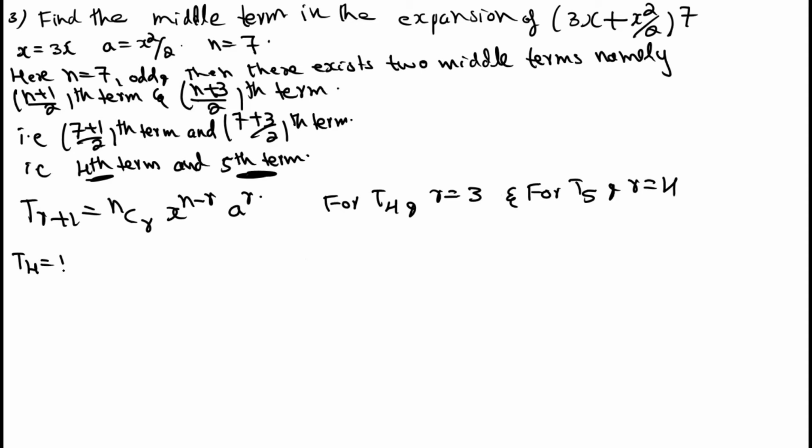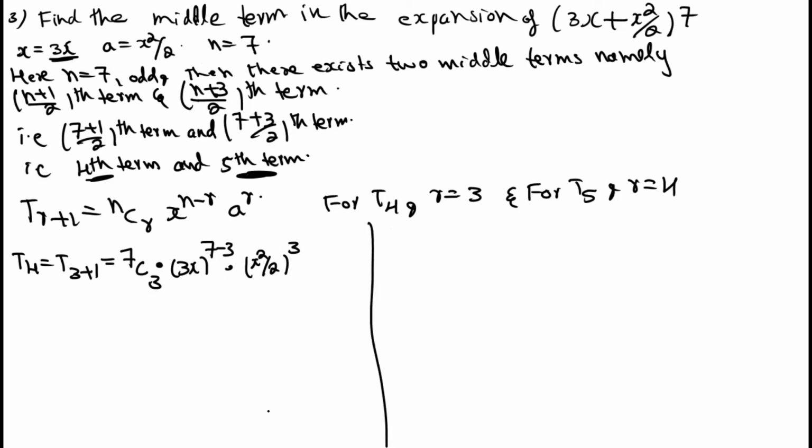T4 equals T(3+1) equals nCr, n value 7, C, r value is 3, into x to the power n minus r. The x value here is 3x. So (3x) to the power 7 minus 3, into a to the power r. The a value here is x²/2, (x²/2) to the power r value equal to 3.